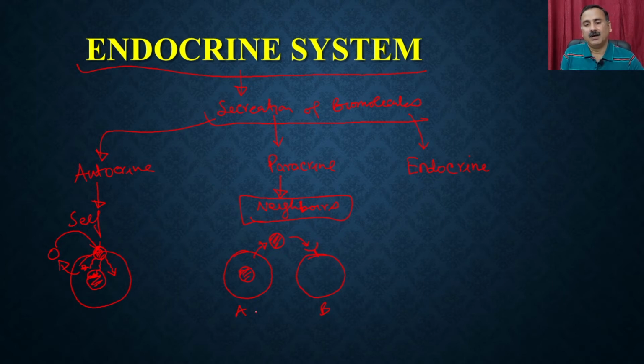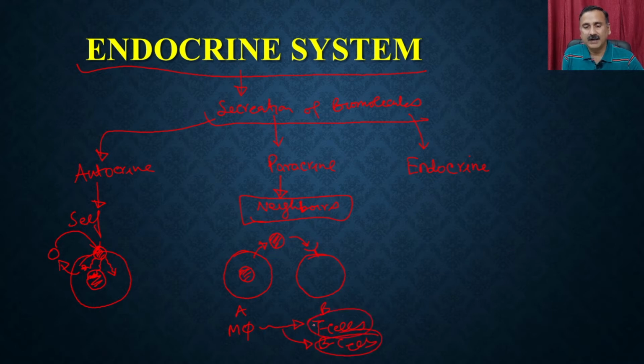Okay. The classical example, if you remember when we were talking about the immune responses, is the macrophages. Macrophages are going to provide the signal to the T cell, or they are also going to provide the signal to the B cell.